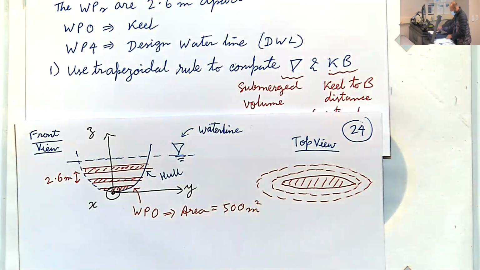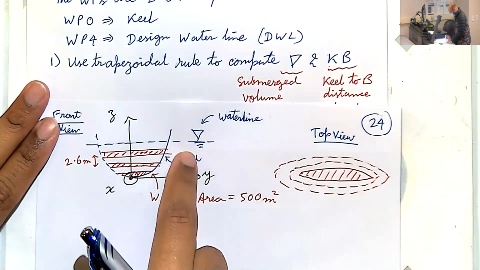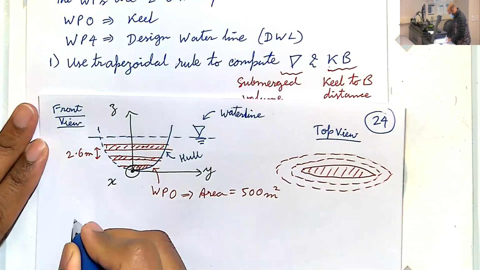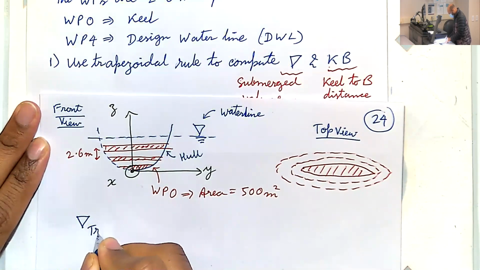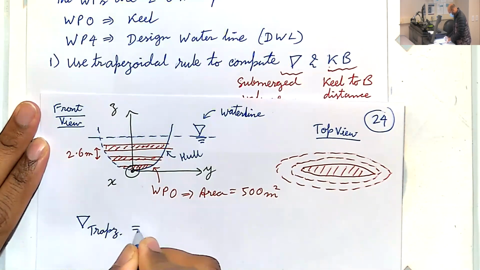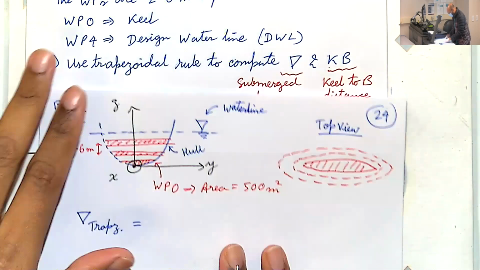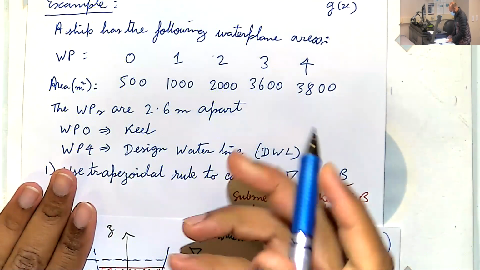Okay, so the way you would compute the volume here, nabla using the trapezoidal rule, is what? Let's call these A0, A1, A2, A3, A4. How should we write it?